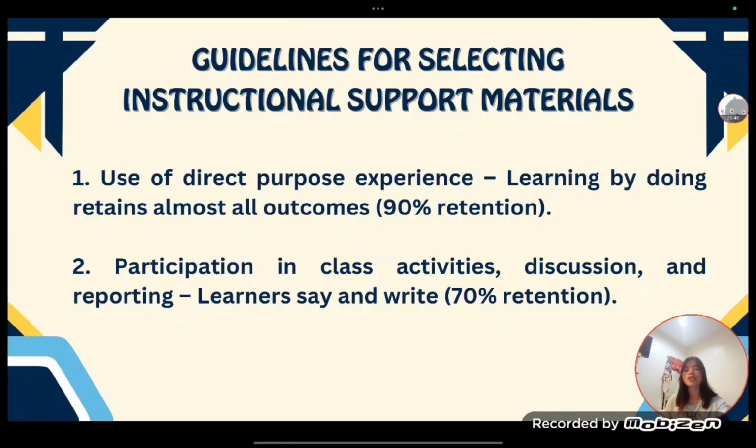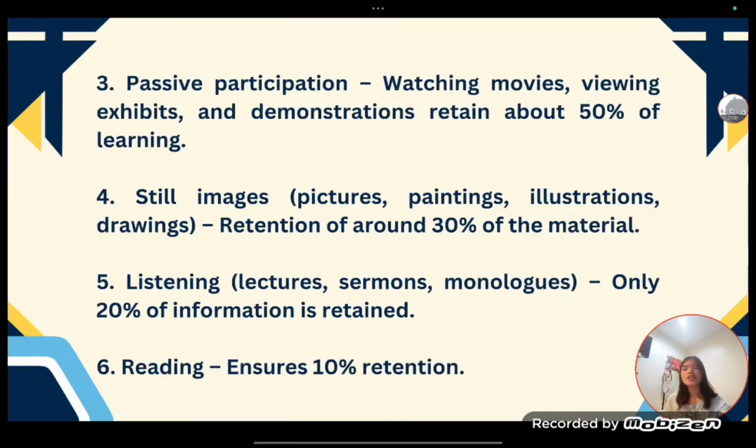So second is the participation in class activities such as mga discussions and reportings. So learners say, write, and that is I also mentioned that 70% of the retentions, yung mga sinasabi natin, so nagtatagal siya. So next is we have the passive participation.